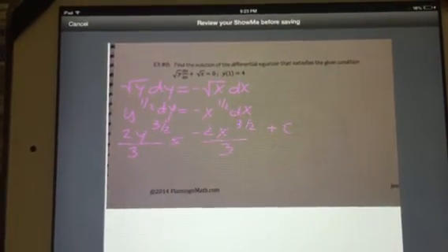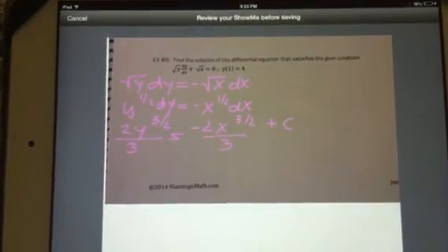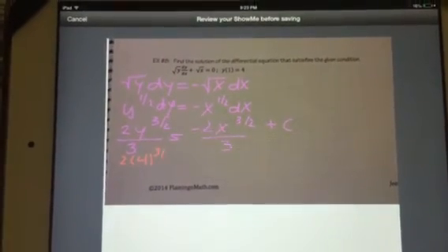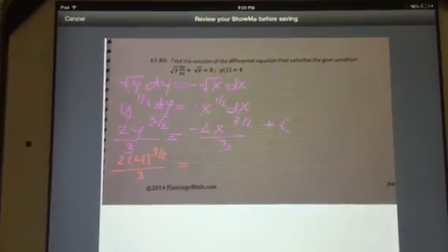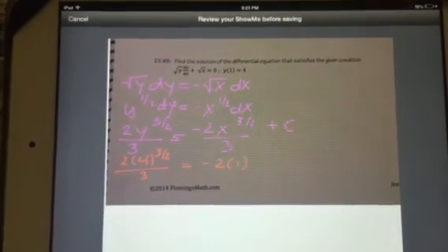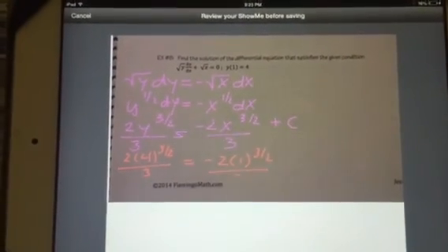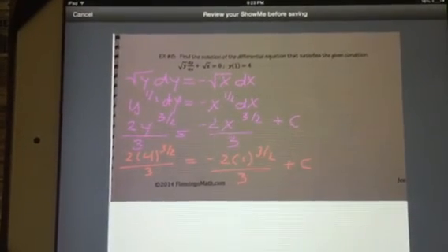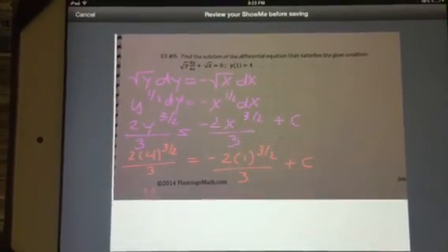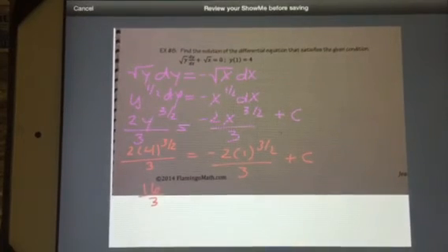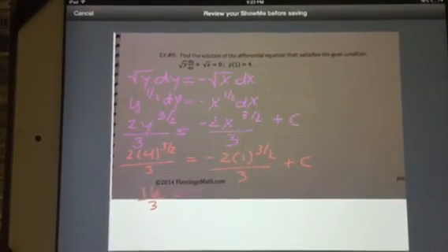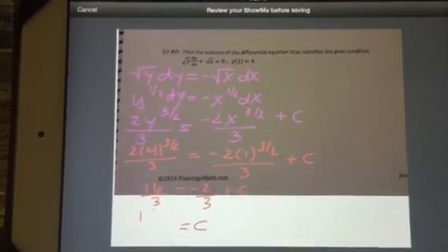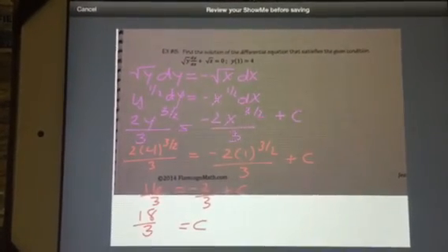Substitute in our values, we have 2 times 4 to the 3 halves over 3 equal to negative 2 times 1 to the 3 halves over 3 plus c. We end up with 16/3 equal to negative 2/3 plus c. Solving for c would give us 18/3.